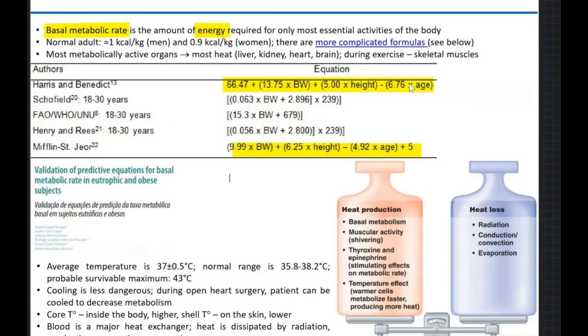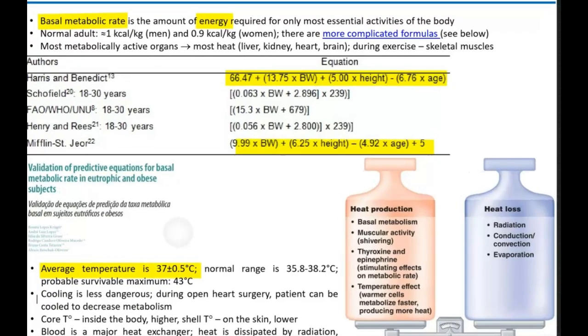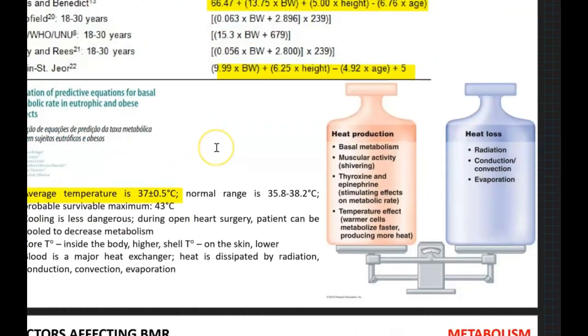So, our metabolism is responsible for regulating our body temperature. Just in general, there are two body temperatures. One of them is called core, one of them is called shell. Shell temperature is on the skin.